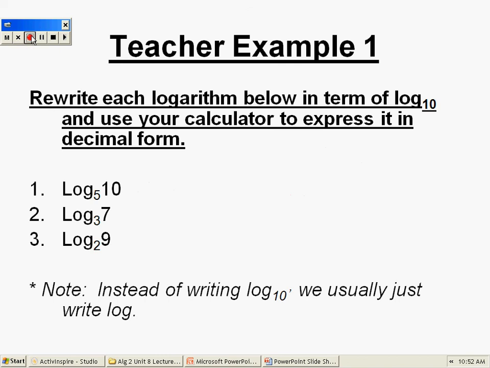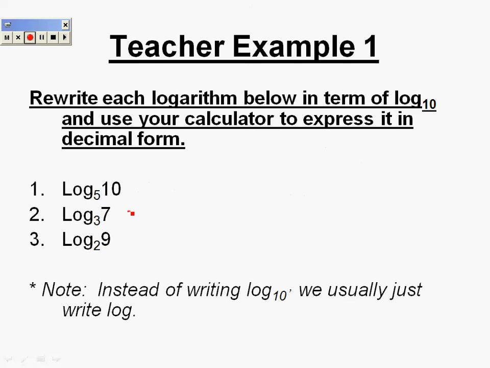So let's do it. First thing we're going to do is the change of base. So it's going to be log. What am I going to take the log of on the top? 7. And on the bottom? 3. Okay. Let's go ahead and figure out what log of 7 is first, rounding to the hundredths place. And I'm getting 0.85.